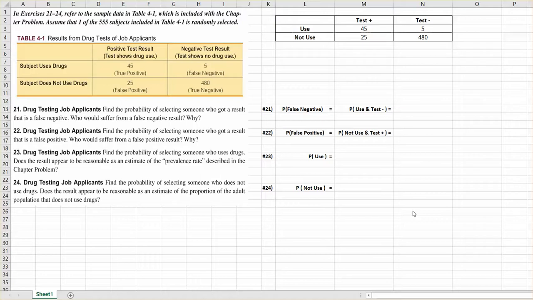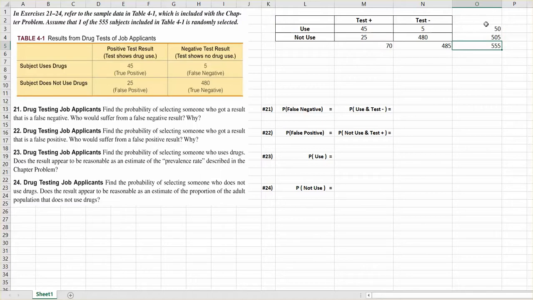So before we go ahead with any of these questions, our joint frequency table has all the joint frequencies, but it doesn't have any row or column totals. So something that you're going to want to do is total up every column, and when you add that up, that should give you the grand total. You're also going to want to total up each of the rows.